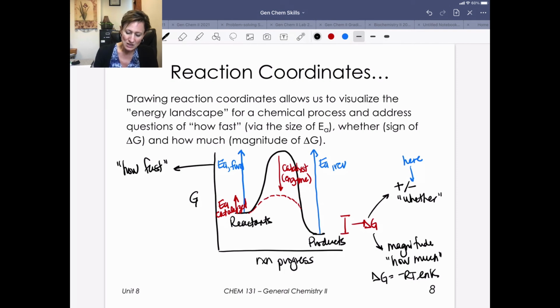In this case, the larger the magnitude of delta G, the larger our equilibrium constant is. Remember, equilibrium constants are products over reactants, so large equilibrium constants mean large concentrations of products. So when we talk about how much product we make, we can get that from the magnitude of delta G.